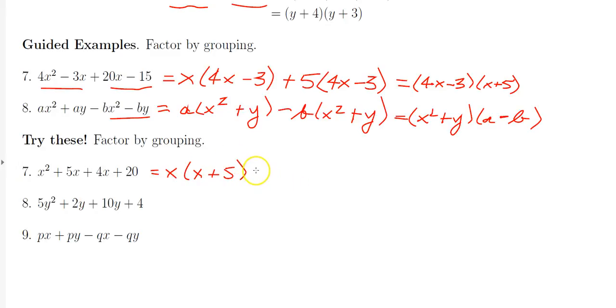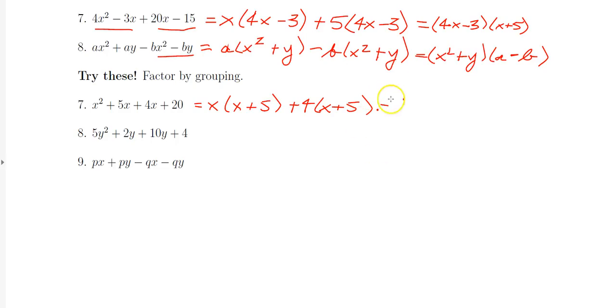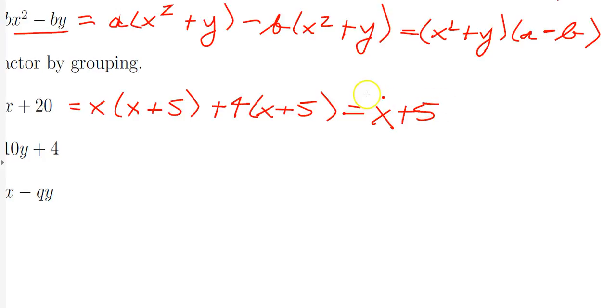And in the second two terms we have 4 as a common factor, and that's multiplied by x plus 5. So we have x plus 5 multiplied by x plus 4.